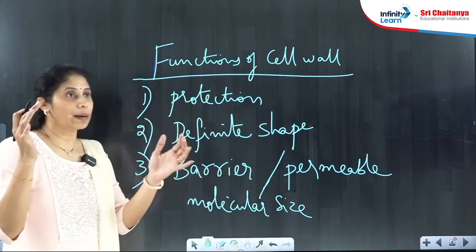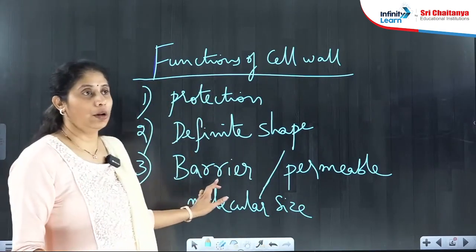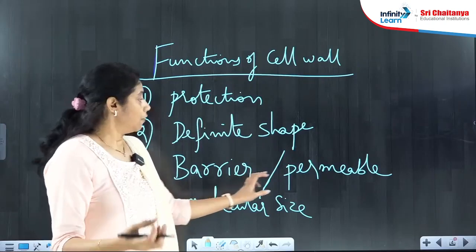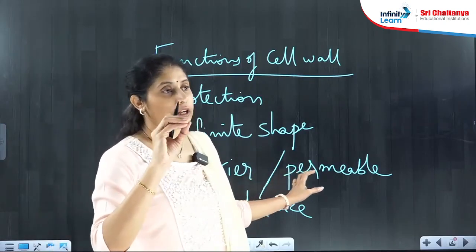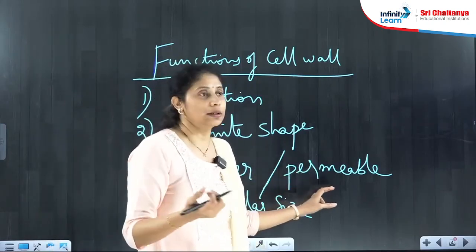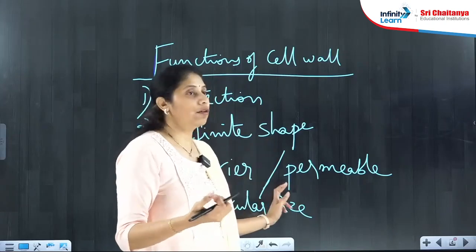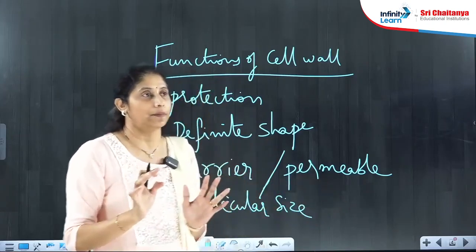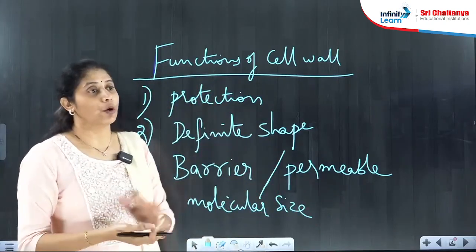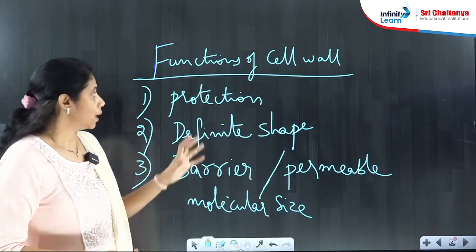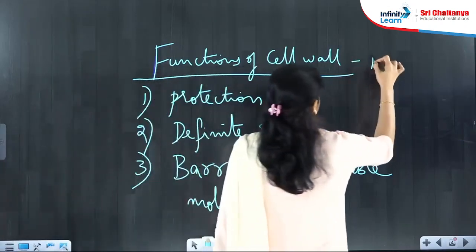If it is a very big molecule, it cannot cross the cell wall, so it acts as a barrier. If it is a small, soluble molecule, it can cross the cell wall easily, and then the cell wall acts as a permeable layer. And remember, the cell wall is always a dead structure.